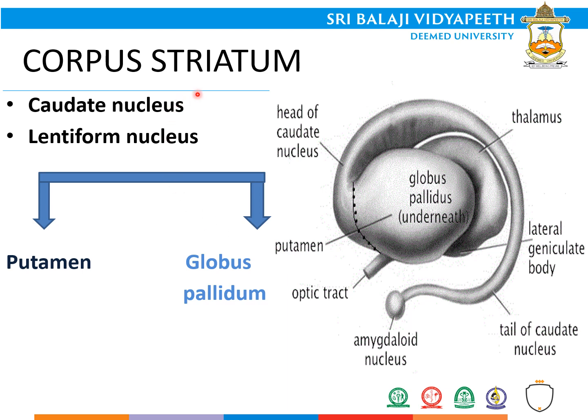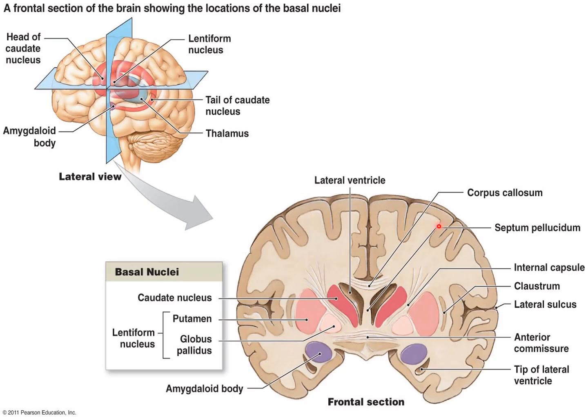The corpus striatum has two parts. It has a caudate nucleus, which is the C-shaped nucleus here, and this lens-shaped nucleus here is what is called the lentiform nucleus. Now this lentiform nucleus is further divided into the putamen and the globus pallidus.